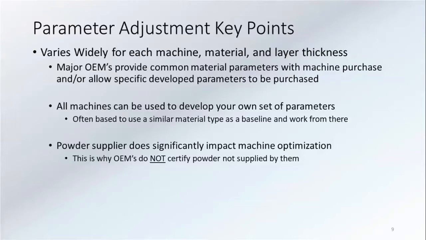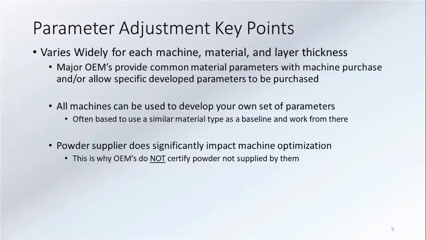Other materials are being developed. All of these machines can be used to develop your own set of parameters. So if you're doing unique metals, or a very specific type of part and you want to hone in your machine, you can use any of these machines for this. Some machines are a little easier to work with on the fly than others, but overall, they all do very well.